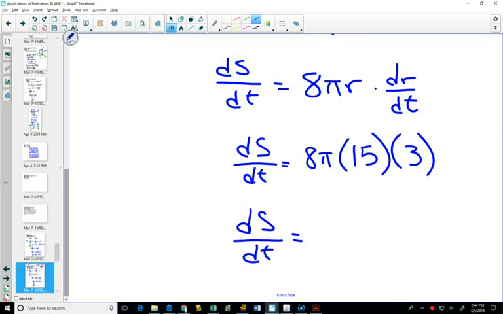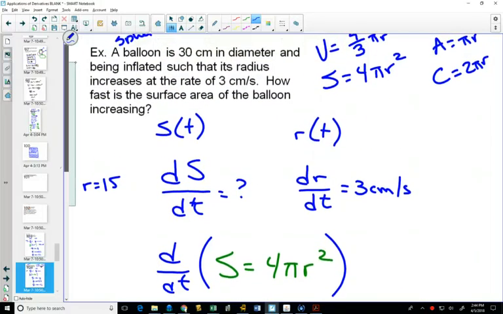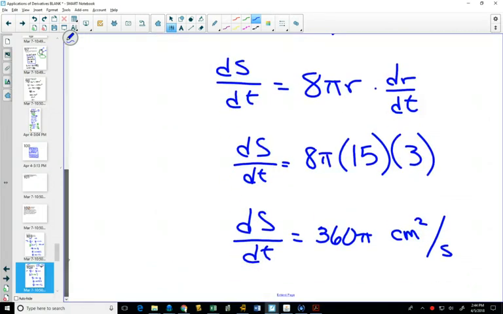Multiplying these out, what do we get? 360 pi. Beautiful. Surface area is in centimeters squared per second. Make sure we get all of our units right. So the surface area at that moment is increasing at 360 pi centimeters squared per second.